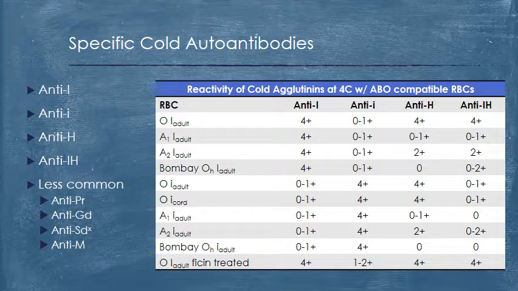Then you have the anti-little I. Remember, the little I antigen is expressed on infants at birth. But there are patients who are big I negative, right? They are homozygous recessive for the allele, and so they end up being called little I adults.